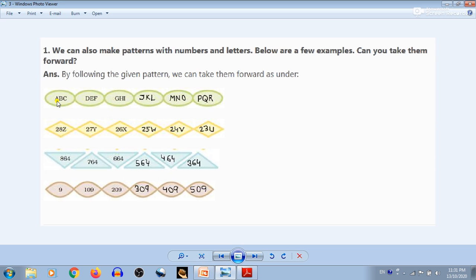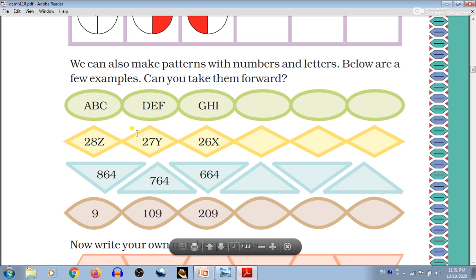Here we have A, B, C, D, E, F, G, H, I, J, K, L, M, N, O, P, Q, R. In the next picture, this is 28Z. Coming back to the question: 28Z, 27Y, 26X. Reverse counting and reverse English alphabets are going on.